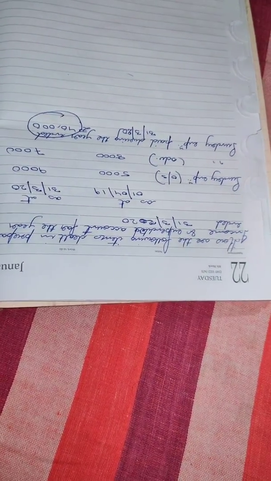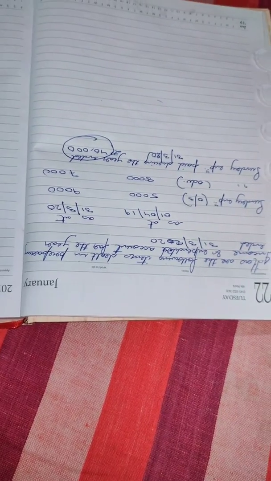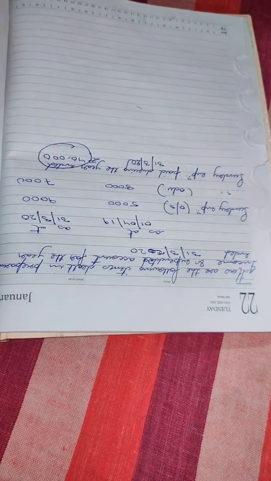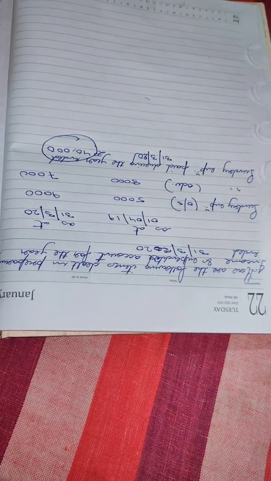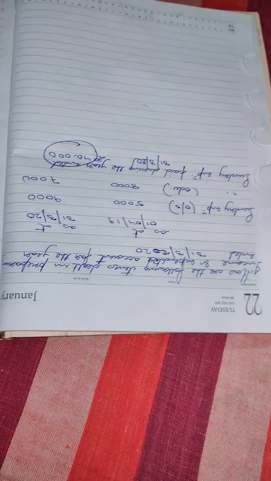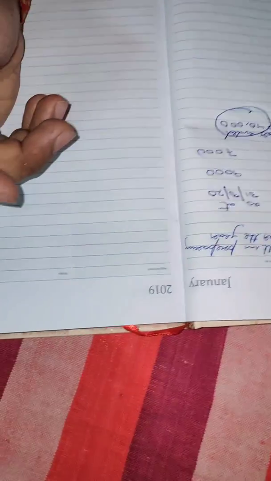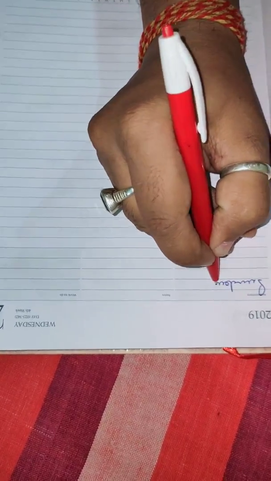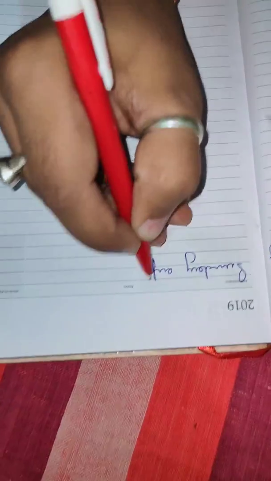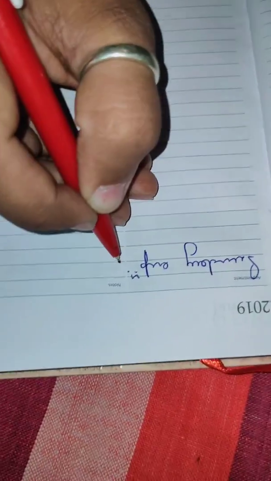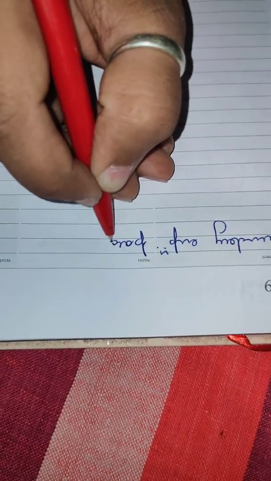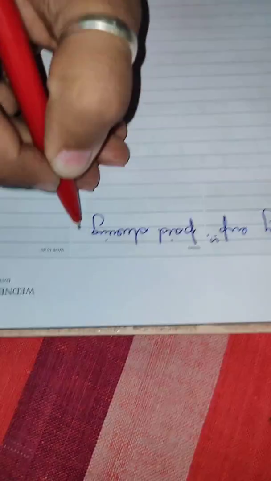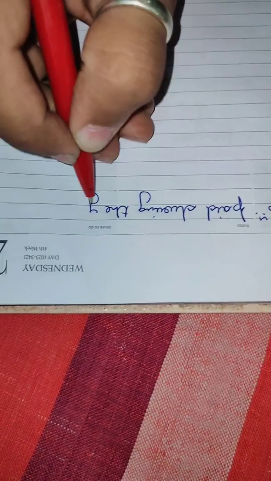See, always start from what has been paid during the year. In the question, it is given that sundry expenses paid during the year ended 31st March 20 is rupees 40,000. Okay? Now, how will we write here? We will write sundry expenses paid during the year.